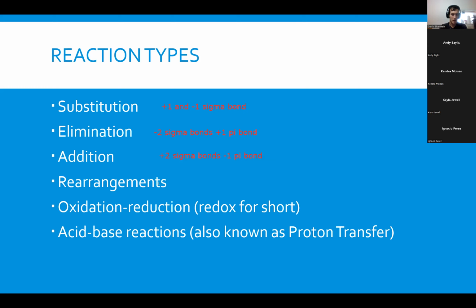Okay. I'm not too concerned with 5 or 6 at all. At least not yet. Yes, acid-base reactions are important, but for Orgo, I think they're kind of okay. They are important, but substitution, elimination, and addition are way more complex. Okay. And there's way more that we can do.